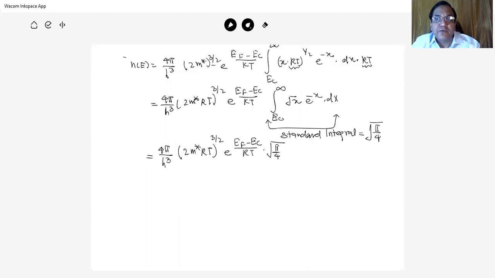This root pi by 4 is nothing but root pi by 2, and here it is 4, so this will cancel.